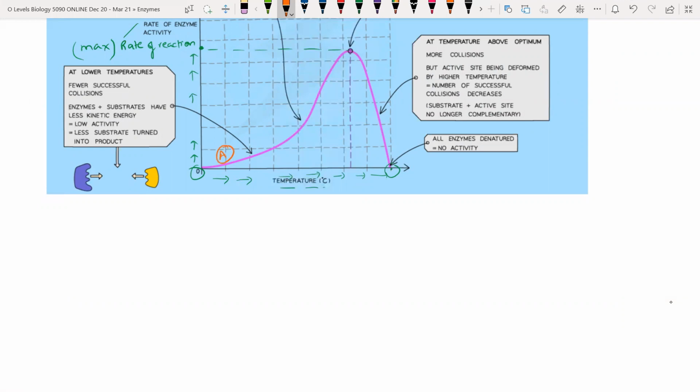So let me label this as point A. So at point A, what is happening is that, generally, before writing point A, let me write this down as a general rule that when temperature increases, the reaction becomes faster. Remember this just as a fact. Okay, now we are going to go into explanation.